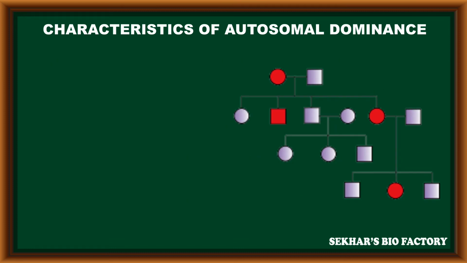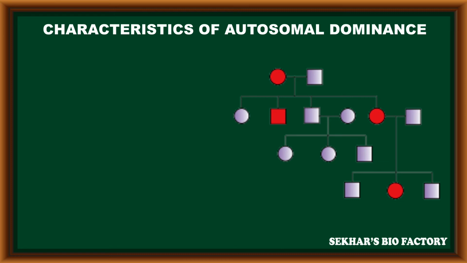For example, here is a pedigree chart given in the NCERT textbook, and we already discussed this one. How can we identify this? The first point: the affected individual has at least one affected parent, and there is no skipping of generation, so each and every generation is affected. Along with that, both males and females are equally affected, which confirms autosome-linked dominant.